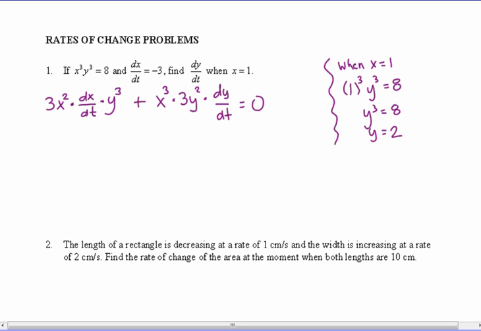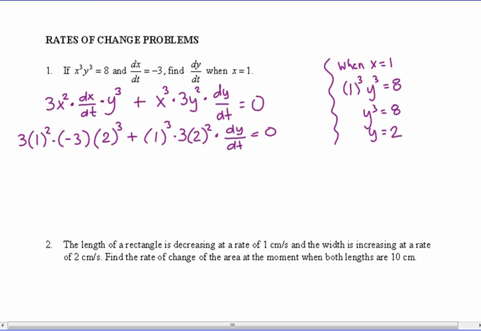Okay, so let's plug in now what we know. 3 times x squared, so x is 1, 1 squared times dx/dt, which is -3, times y cubed, 2 cubed, plus 1 cubed times 3 times 2 squared times dy/dt equals 0.